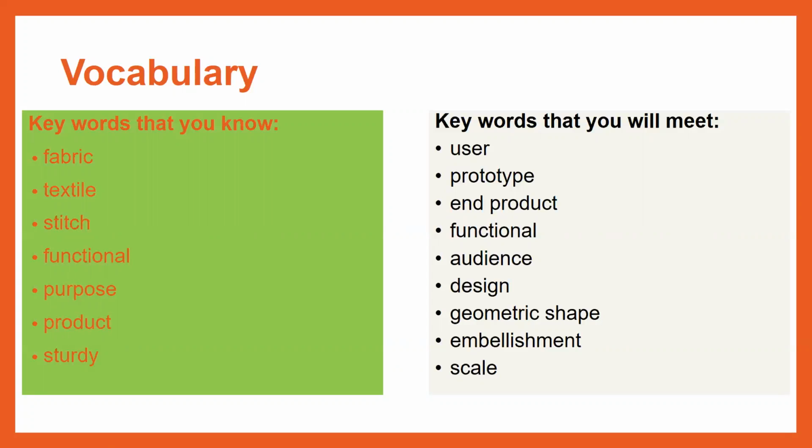We're going to do my turn, your turn. I'll do my turn first and then you can repeat it back. We've got quite a few to go through today. The first one is my turn, user. The next one, prototype. Next one, end product. Functional.